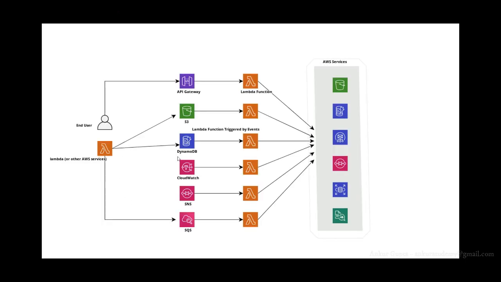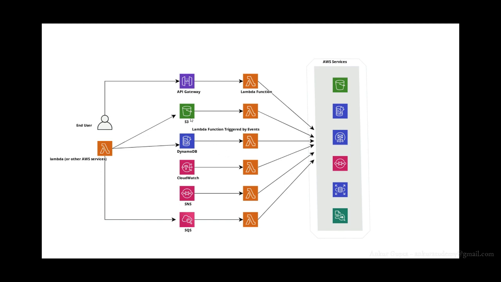So here's a simple diagram explaining how you can use different events to trigger different Lambda functions, and then in turn those Lambda functions can act on the triggered event, and the event itself comes with some data.